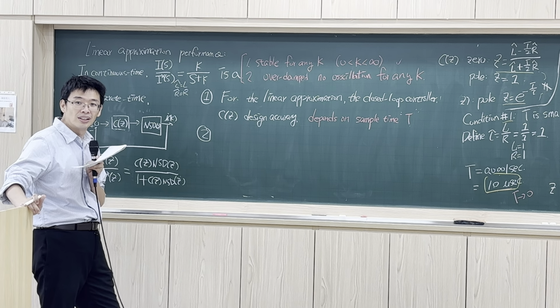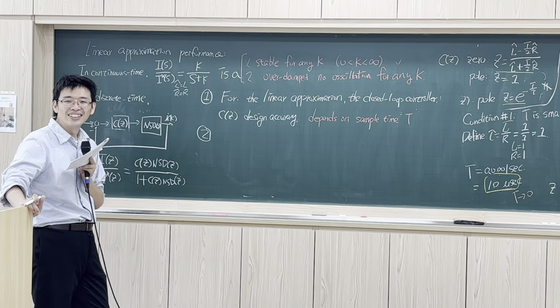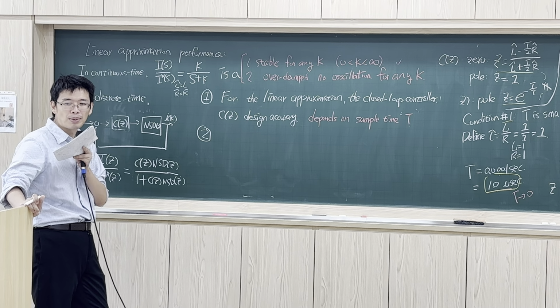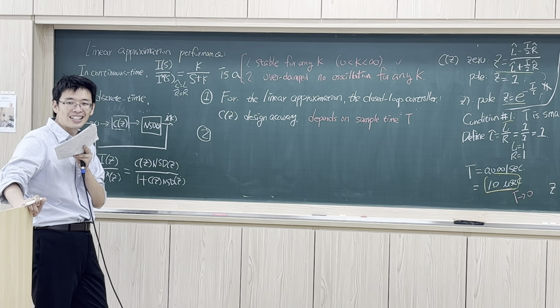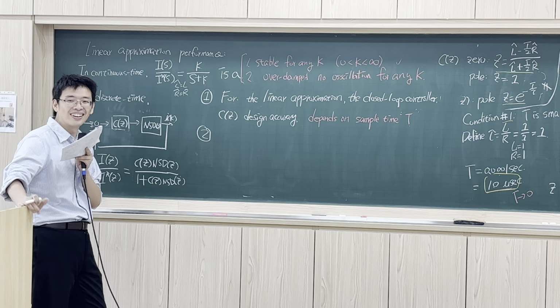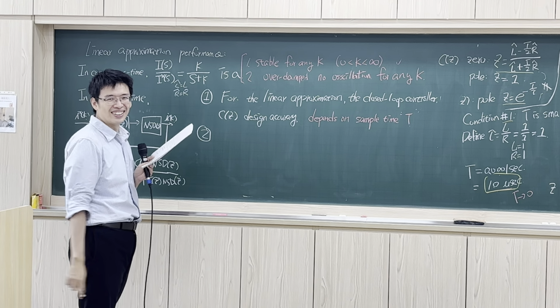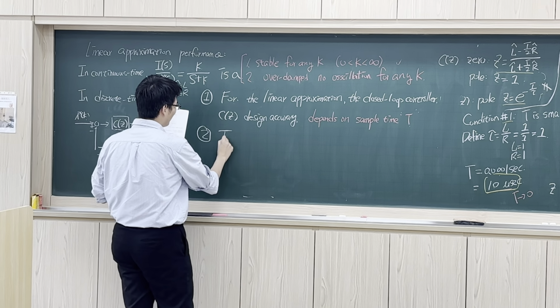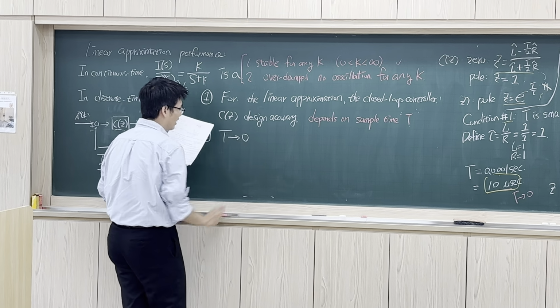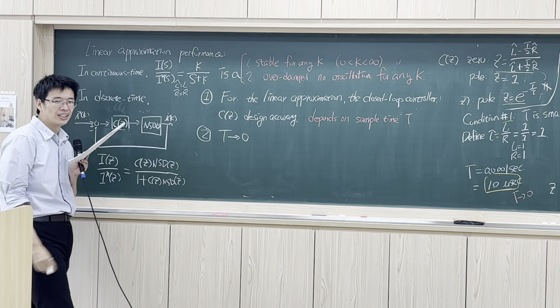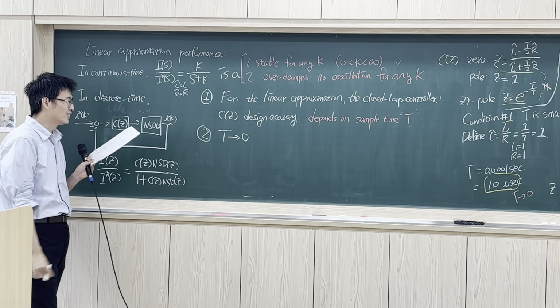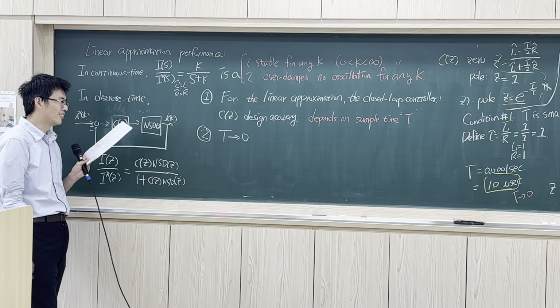T should be as small as possible. Based on the exponential function, T should be almost close to 0.